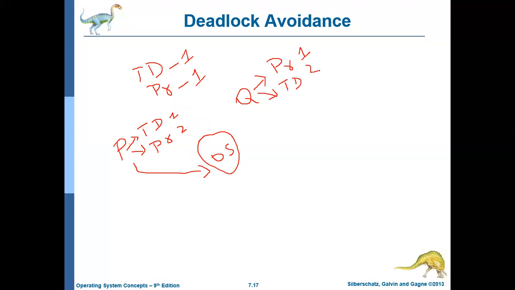Now the operating system understands that process P will access the tape drive first and then the printer, and Q will access the printer first and then the tape drive.